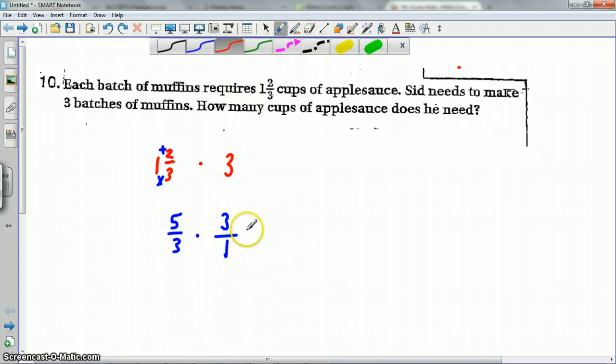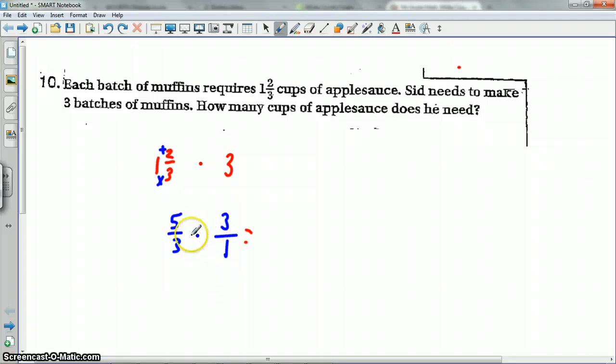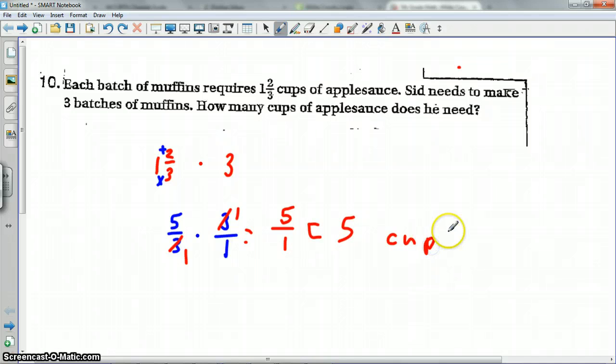Now, you could just multiply straight across, but because I like my numbers to be smaller, I'm going to cross simplify right here. 3 goes into both 3 and 3. 3 divided by 3 is 1. 3 divided by 3 is 1. 5 times 1 is 5. 1 times 1 is 1. You're fine. And then 5 divided by 1 is 5. So he needs 5 cups.